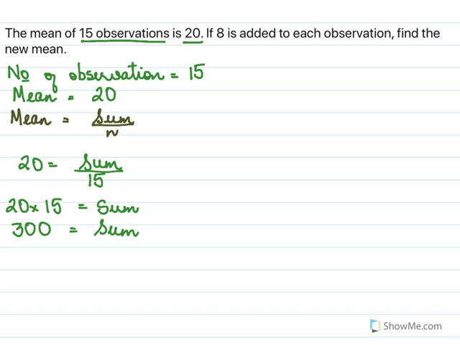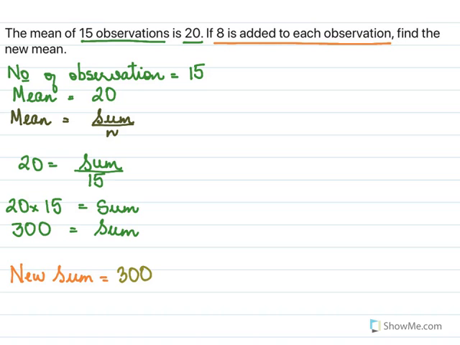Now in the second part of the sum, they say if 8 is added to each observation, find the new mean. So to find the new sum, we have to take the old sum, which is 300, and now 8 is added to each observation.